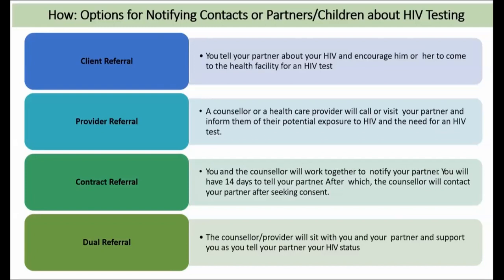When we reach out to the partner, we do not necessarily need to tell them where I got your information and why I am contacting you, until the client has given consent for sharing their HIV status or identity with their partner. If they have not given this consent, there is no need to tell them. There are different mechanisms of reaching out to partners without revealing the identity of the index case. At the same time, when we reach out to the partner, there is no need to reveal the identity or HIV testing status of the partner to the index case. So the confidentiality of both of them is equally important.